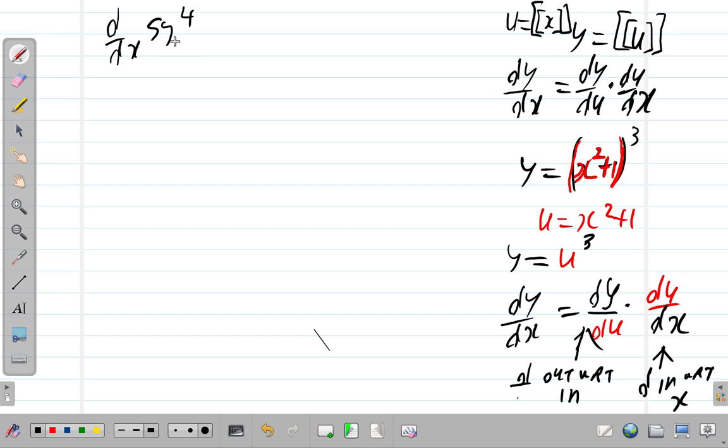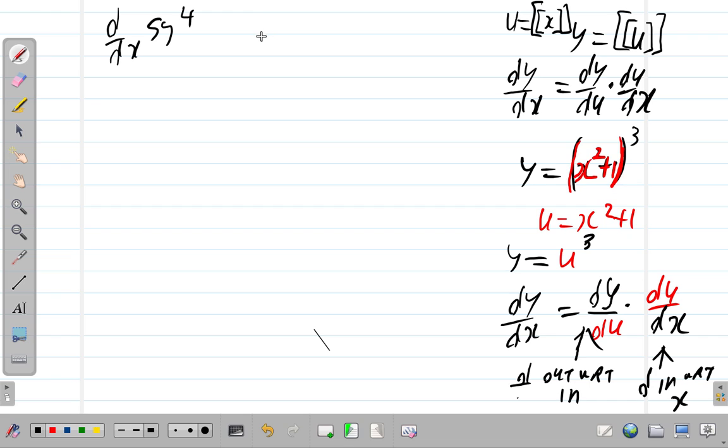So in this case now, y is a function, but something is being done to y. That means you have another function. So if y is a function of x, then 5y to the fourth is a function of y.